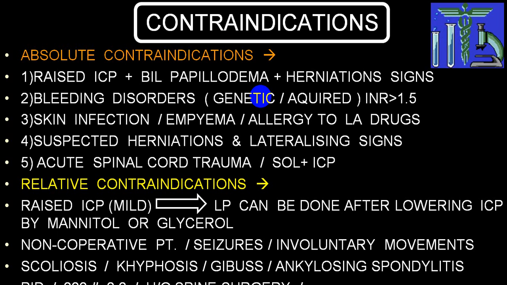If over the lumbar spine region the person has a severe skin infection, or a person in whom you are giving a thoracic procedure and who has developed an empyema, in that case also lumbar puncture should not be done.